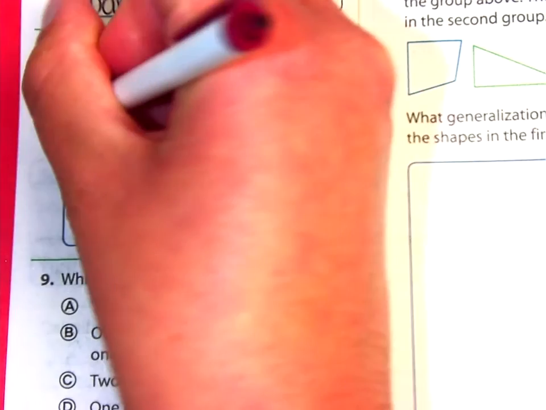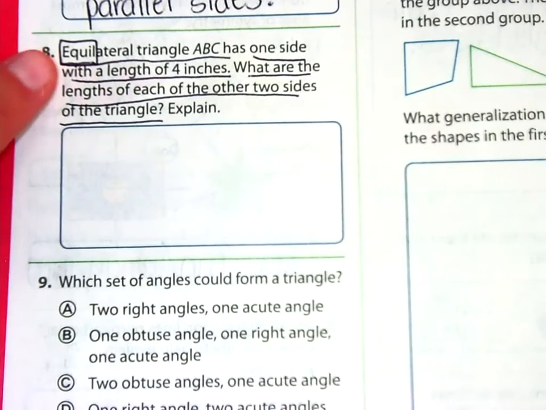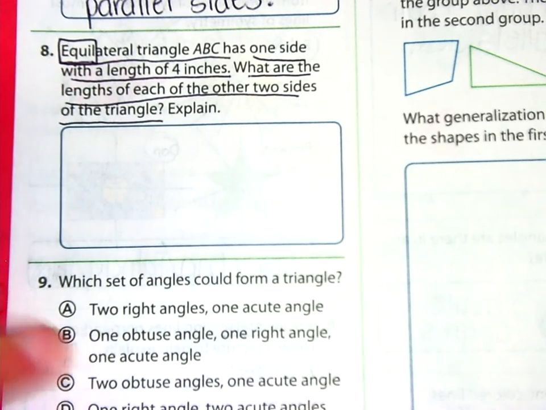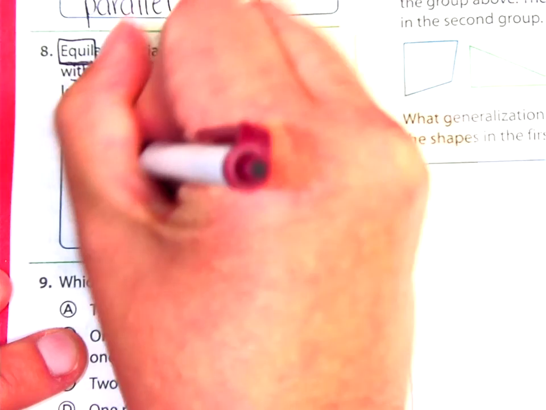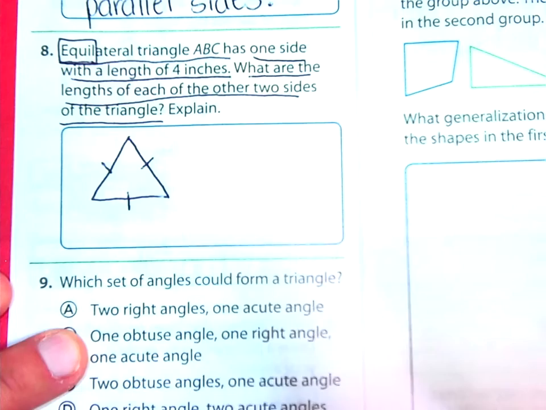If you had trouble with this question, it might be that we forgot what an equilateral triangle meant. Equilateral triangles almost look like a perfect triangle. All 3 sides are equal.